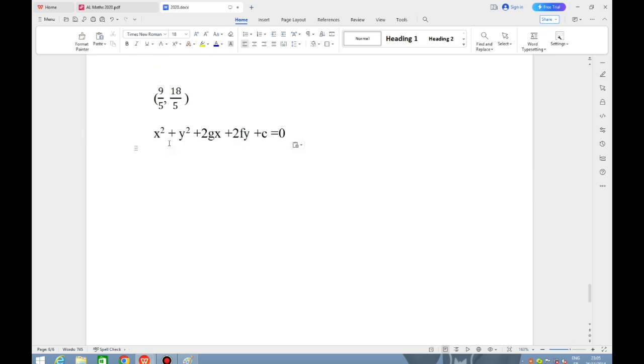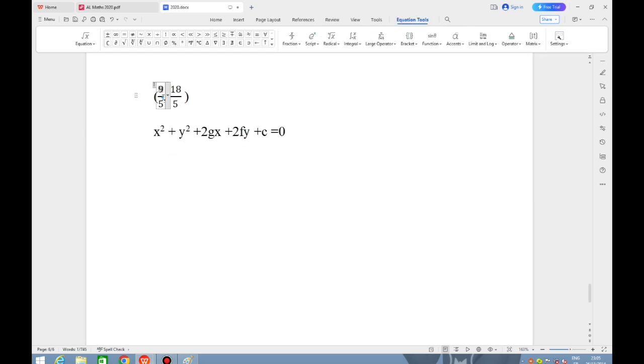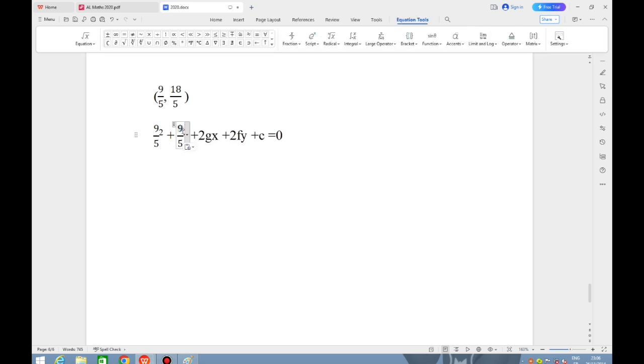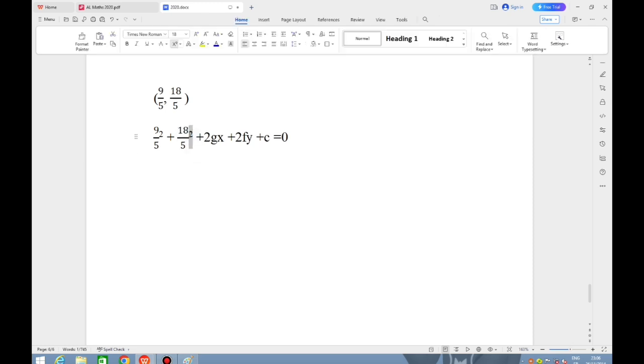So when we do this, x is equal to 9 on 5, so you have 9 on 5 squared, and y is equal to 18 on 5, so you have 18 on 5 squared. Just take note that this is squared. And you have 2 into x, which is 9 on 5, and you have 2 into y, which is 18 on 5.